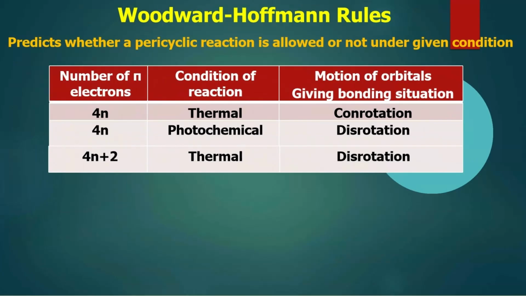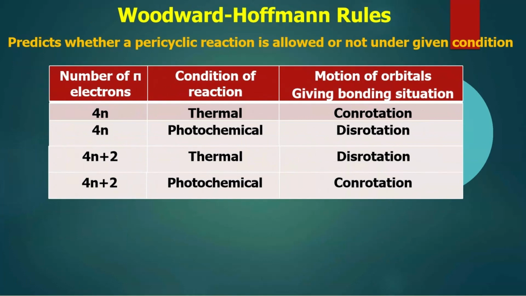If it has 4n plus 2 pi electrons, the thermal induction of the reaction gives rise to disrotation to give the bonding situation. If it is induced photochemically, a molecule with 4n plus 2 pi electrons, it is the conrotation which gives rise to this bonding situation.